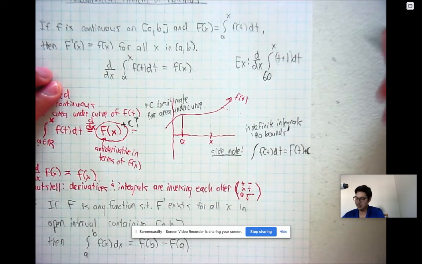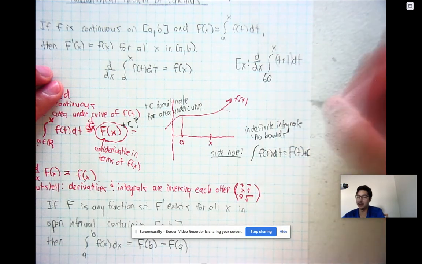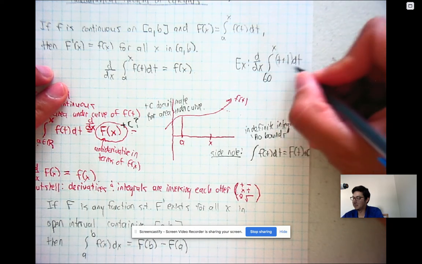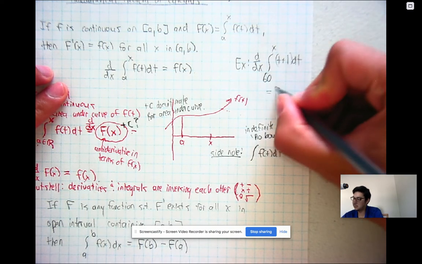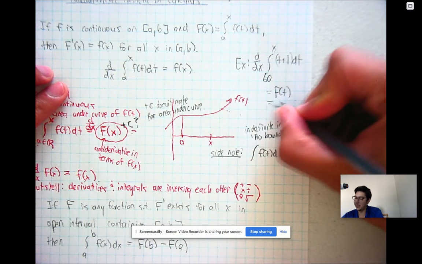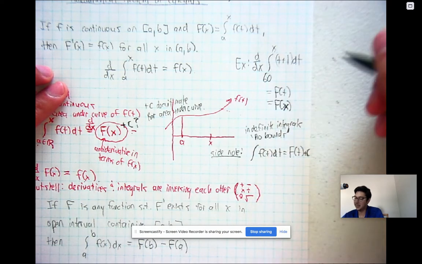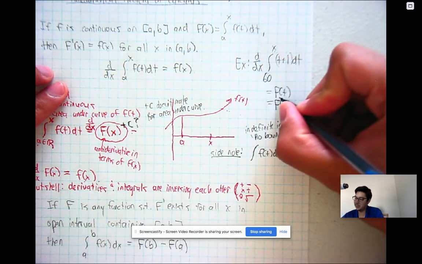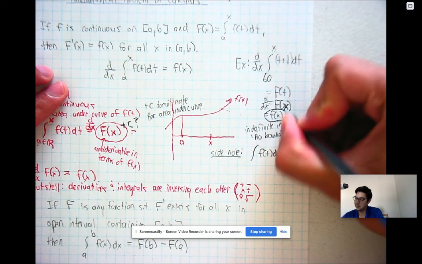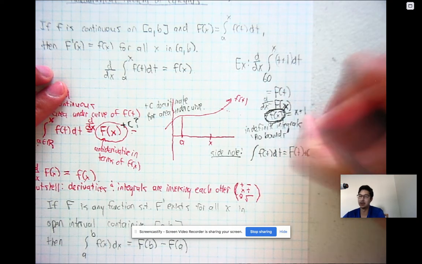Well, what part one is saying is that t plus 1, that curve, is going to have an antiderivative, some antiderivative f of t, right? But when we evaluate it from 60 to x, we're evaluating it in terms of x, so it's really f of x, not f of t. And then when we take the derivative of f of x, we just go back to f of x. So the answer here is you could just write x plus 1.